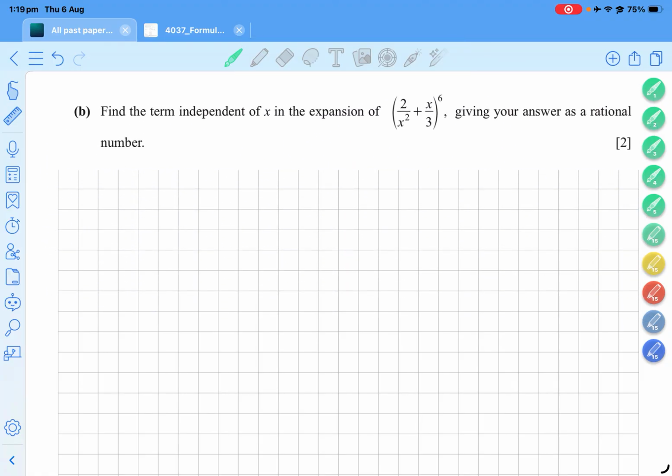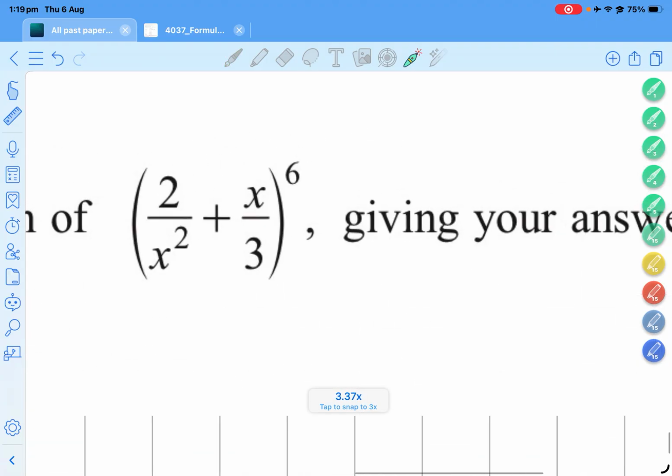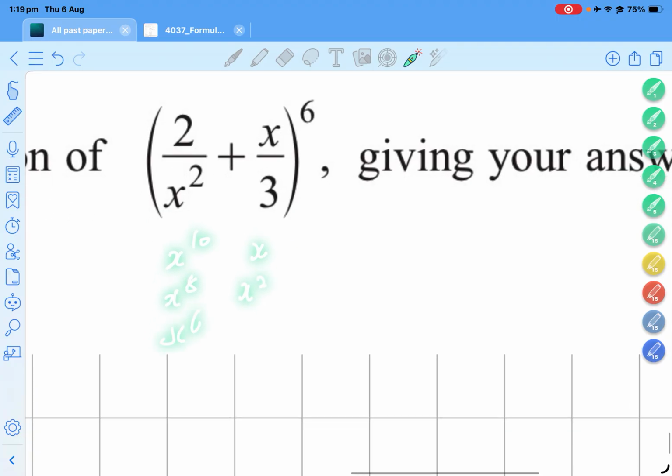So instead of writing down the whole expansion, just work with this term first. So let's say this is 6, this is 0, no, 5. So write down, at x10 we get x, at x8 we get x squared, at x6 we get x cubed, and at x4 we get x4.